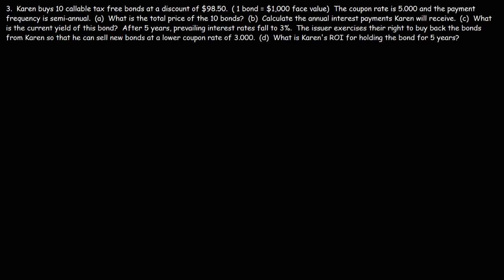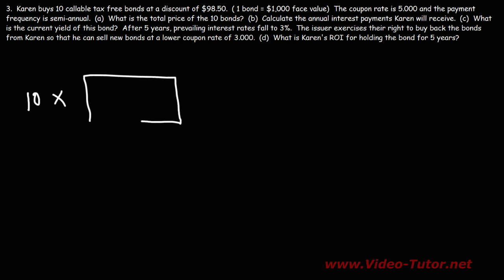Karen buys 10 callable tax-free bonds at a discount of $98.50. So she's buying it less than 100, which is good. The coupon rate is 5, and the payment frequency is semi-annual. What is the total price of the 10 bonds? So it's going to be 10 times the value of each bond.